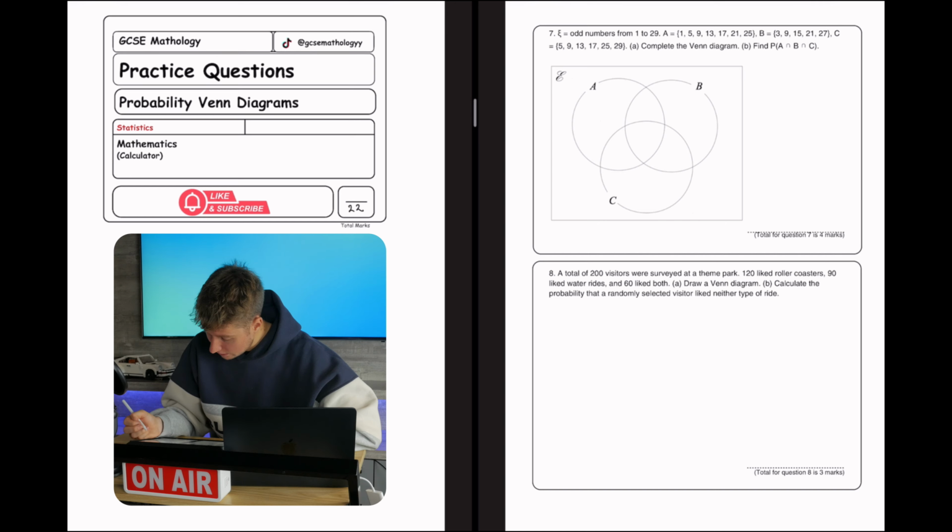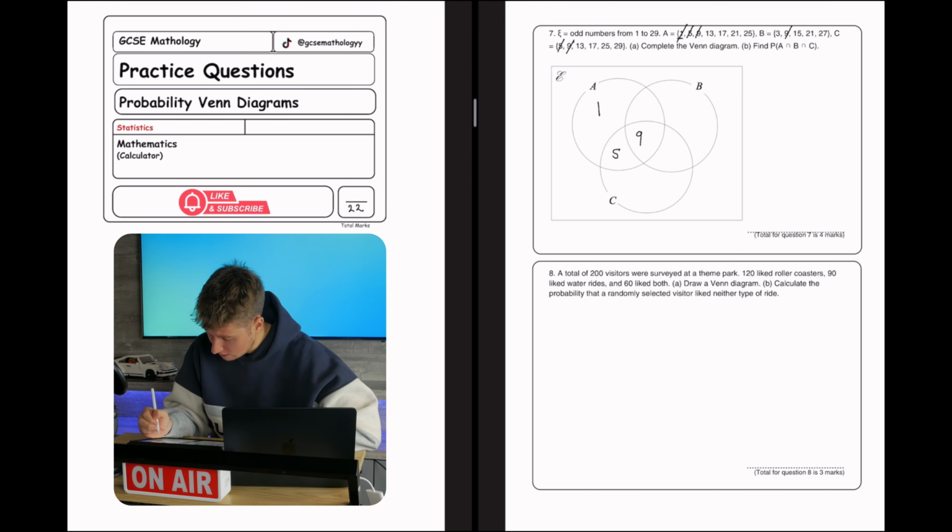So 1 only occurs in A. And then we look at 5. 5 occurs in A and C. So we can cross 5 off. Then we look at 9. 9 occurs in all 3. So that goes in the very center.